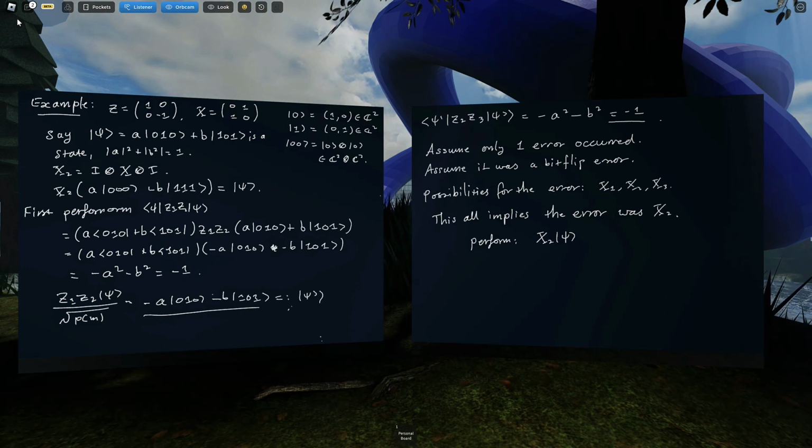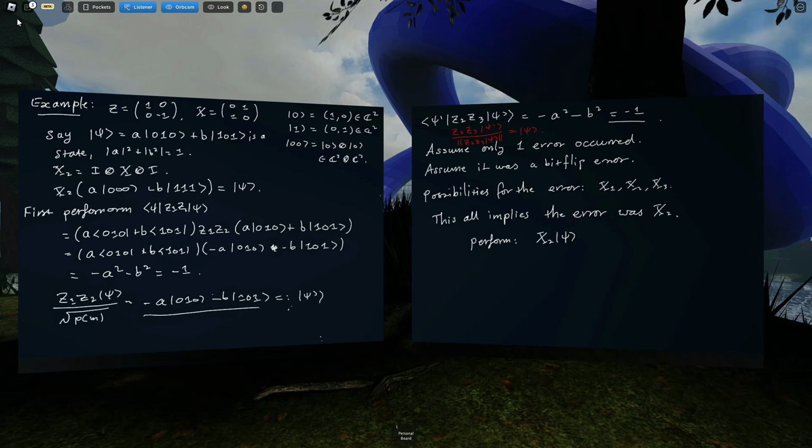When you do this and you get the resulting vector, so psi prime over the magnitude of z2, z3, that's actually equal to psi again. So our measurements, the first one knocks it out, and then the second one actually fixes it.